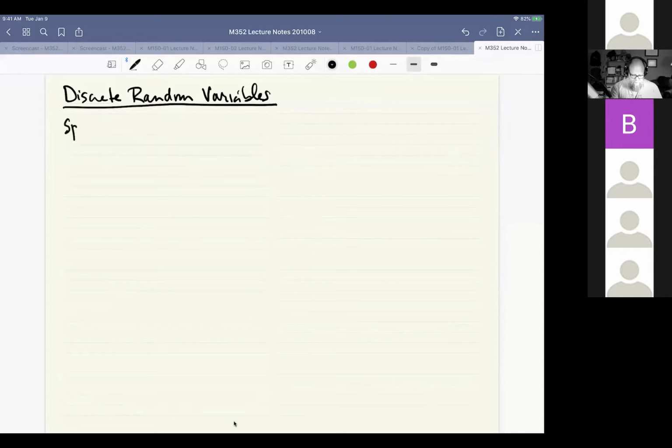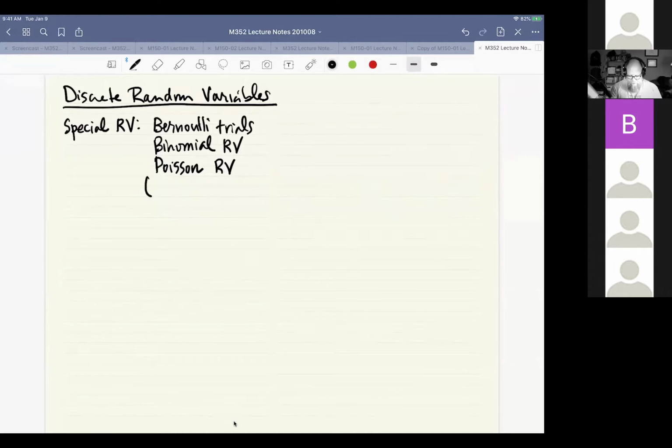The special random variables I want to talk about are Bernoulli trials, binomial random variables, and Poisson random variables.